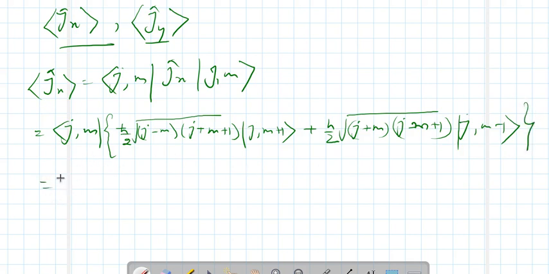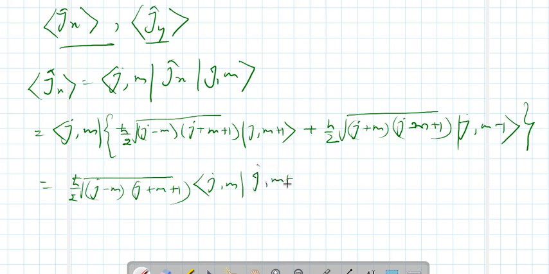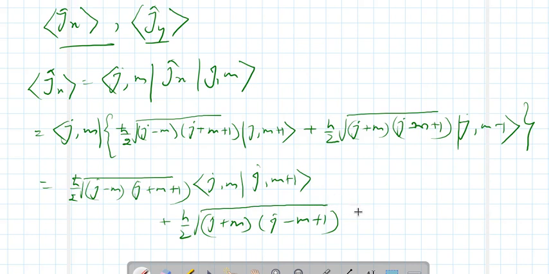So after simplification, this can be written as h cross by 2 √((j − m)(j + m + 1)) under the root, it is jm and jm plus 1, plus h cross by 2 √((j + m)(j − m + 1)) under the root, and it is jm minus 1, and its value will be 0 and its value will also be 0.